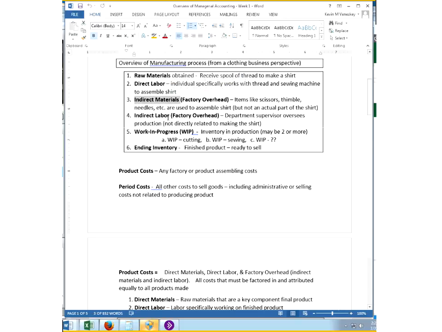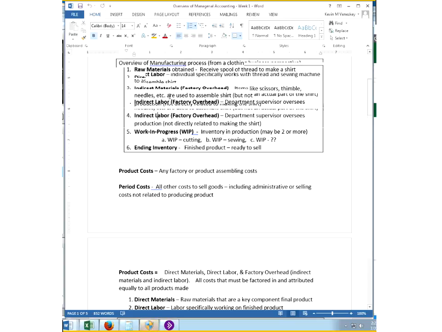Another indirect material would be a machine part, something that actually converts the potato into a French fry. Those would be examples of factory overhead. Indirect labor would be a factory supervisor or somebody who comes along and fixes a broken down machine. They don't actually work on the fry, but they are essential to making a fry in the end product.